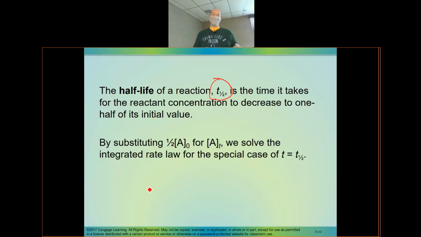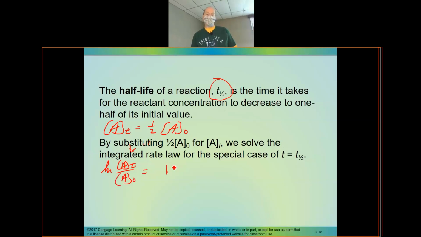All right, so we have our initial concentration. Now our A at time T, we are looking at when it is exactly 1/2 of the initial concentration. That's what we're going to do for our substitution. A sub T, we want to know how long it takes for that to get to 1/2 of our initial concentration. We just do a substitution. You have the ln of A at time T over A initial equal to negative KT.